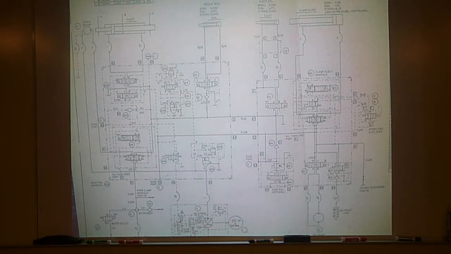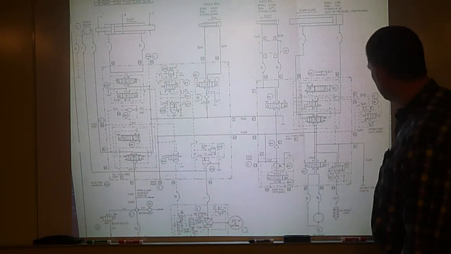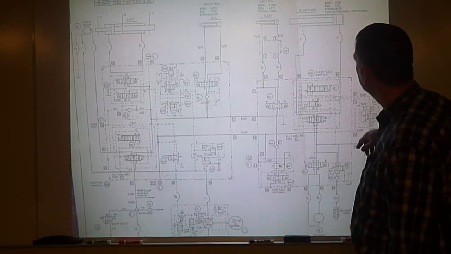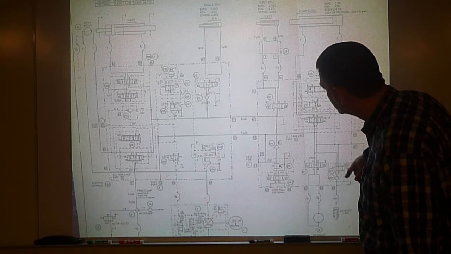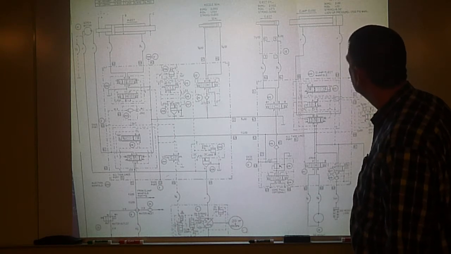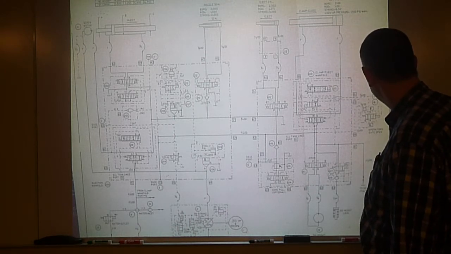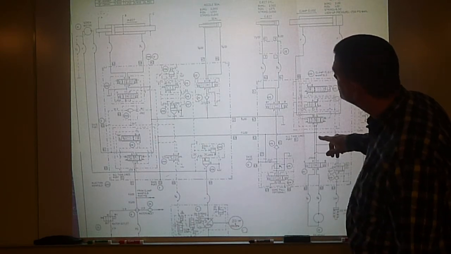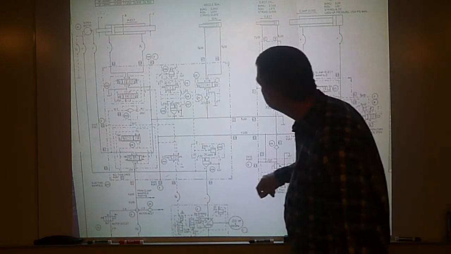Valve number 106. Valve number 106 is right, it's even hard for me to read it on the screen here. Give me a second to find it.